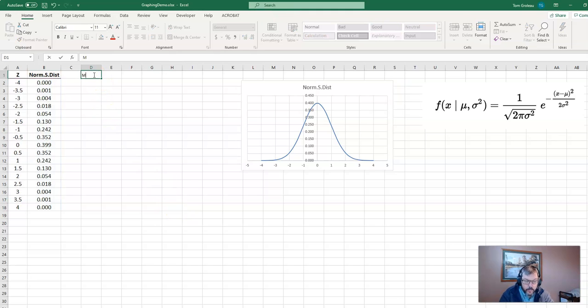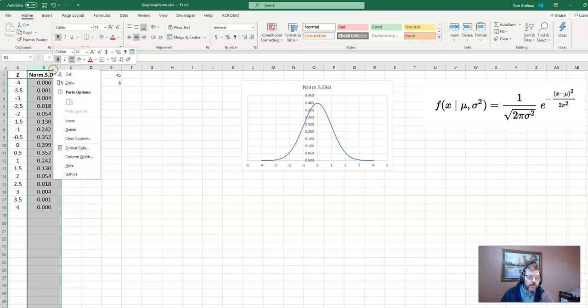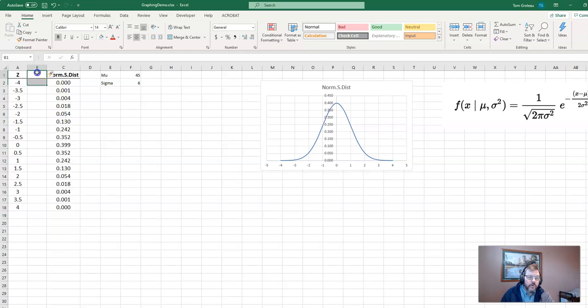So what if I wanted to do a different mean and standard deviation? Let's just go with 45 and 6 for no particularly good reason. I want to graph that. Well, I still want to graph it from 4 standard deviations below this to 4 standard deviations above this. So I'm going to insert in here my x's, not my z's, the x's for this distribution right here.